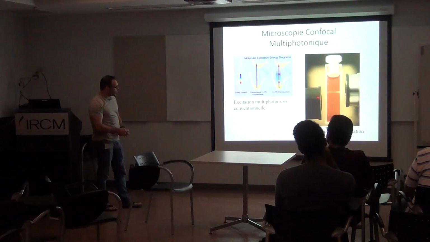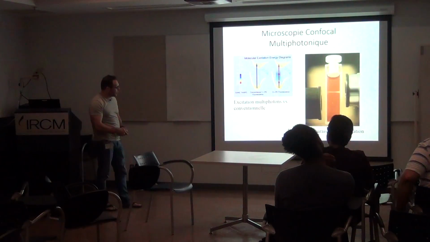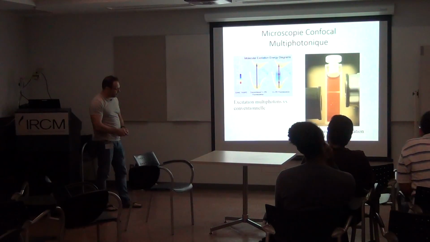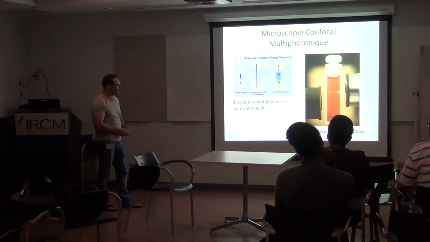Okay? And so the event of absorbing 2 or 3 photons only happens at the focus of the lens. So if it does absorb photons, it's going to be at this exact position.